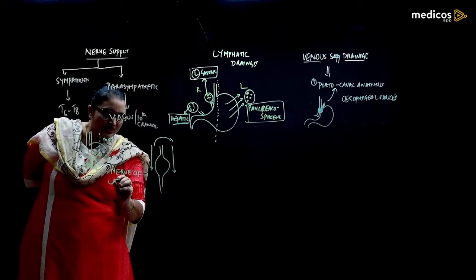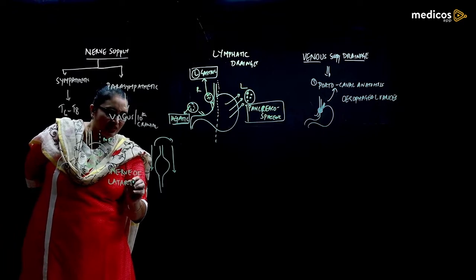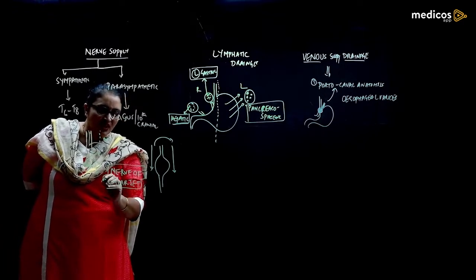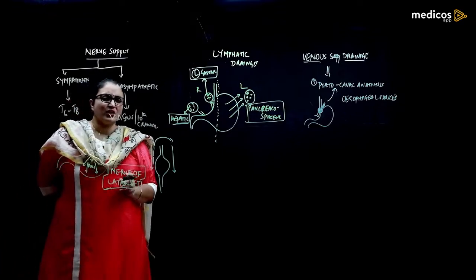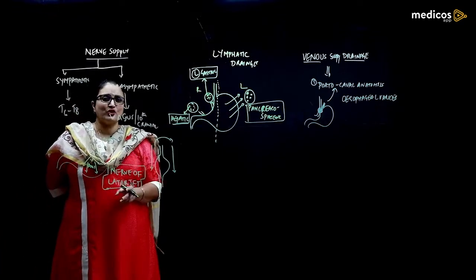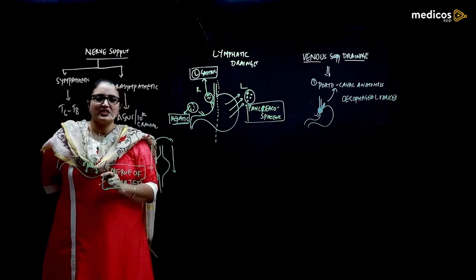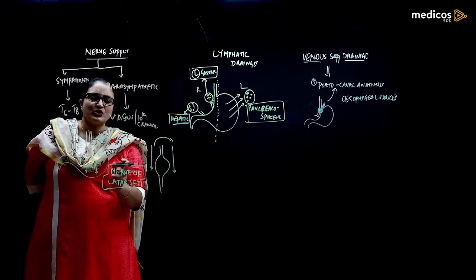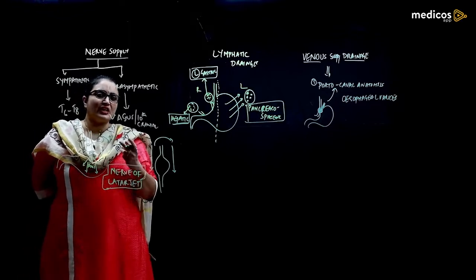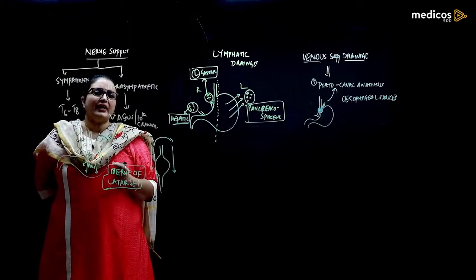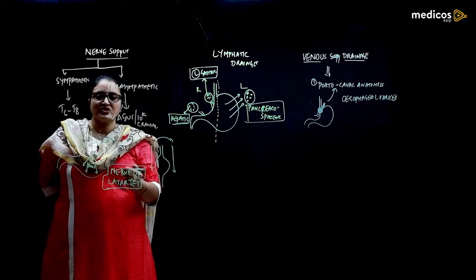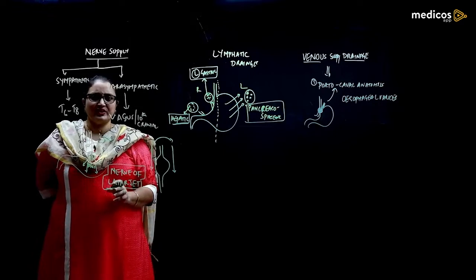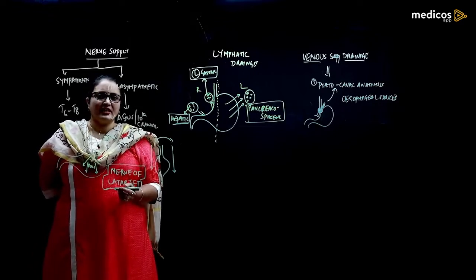As of now, this theory is not accepted, but there is the smallest branch of the vagus nerve which supplies the oxyntic cells. What are these oxyntic cells? Acid producing cells of the stomach. These oxyntic cells are supplied by the nerve of Latarjet. So surgeries, vagotomies, cutting of the vagus nerve, and incising this nerve of Latarjet, are all done to decrease gastritis or excess production of gastric acid.